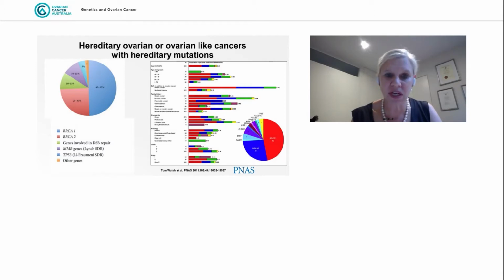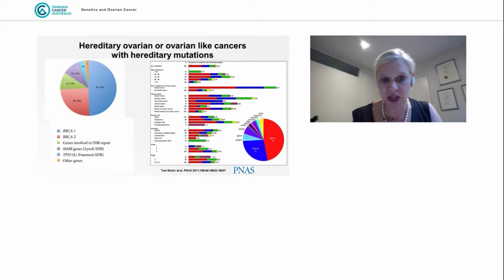So hereditary ovarian cancers are associated with genes that Marion has already run through. The most common of the genes associated with hereditary ovarian cancer are BRCA1 and BRCA2. There are other genes that are involved in double-strand break repair or homologous recombination repair, and they're those ones known as RAD51C and D, BRIP, potentially ATM and CHEK2.